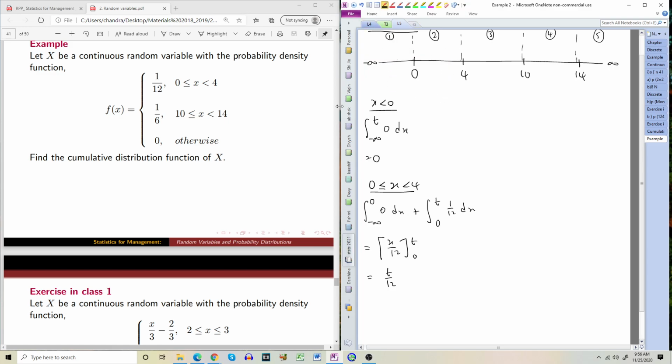Now we are moving to the third interval, from here to here. The t is somewhere here, so the interval now is, put an equal here, because there's no equal here, you put an equal here. 4 to 10.